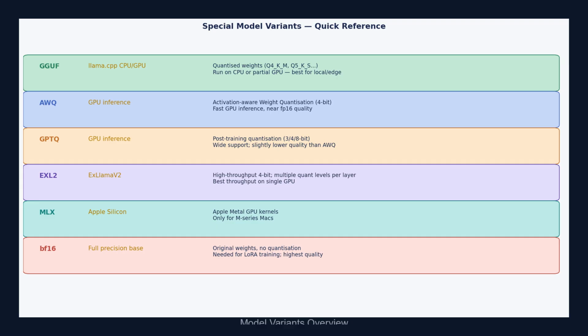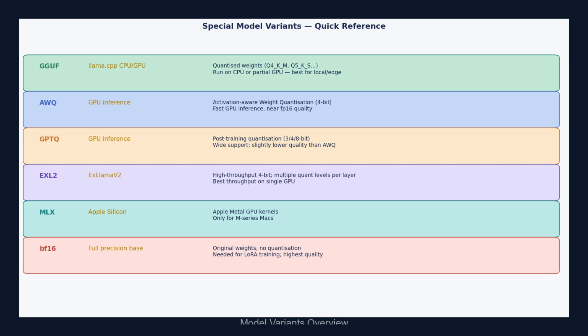GPTQ is the most widely supported post-training quantization format, with broad model coverage, though slightly lower quality than AWQ. EXL2 is designed for high-throughput single GPU inference using mixed quantization levels per layer, a specialized tool for specific deployments. MLX is Apple Silicon only, using Metal GPU kernels for M-Series Max.